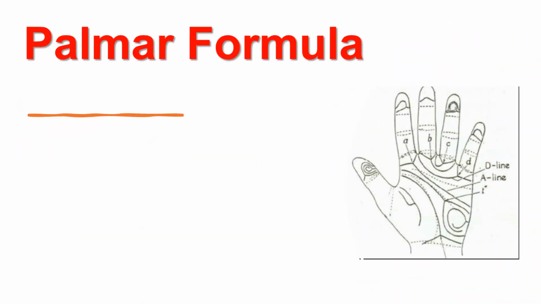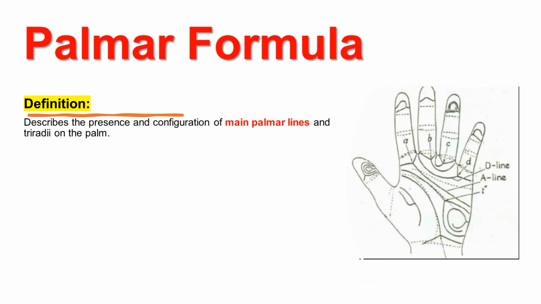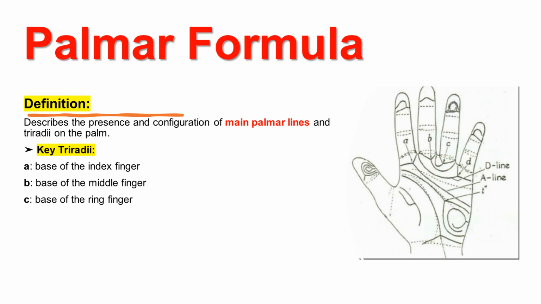3. Palmar formula. Definition: describes the presence and configuration of main palmar lines and triradii on the palm. Key triradii: A, base of the index finger. B, base of the middle finger. C, base of the ring finger.